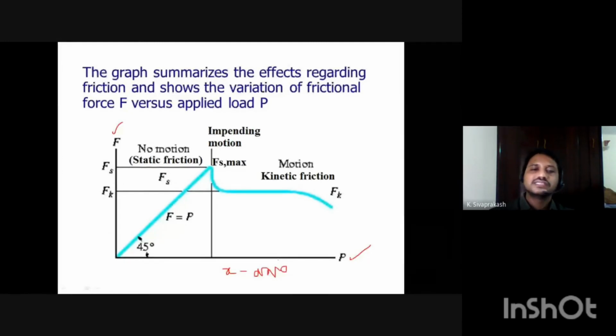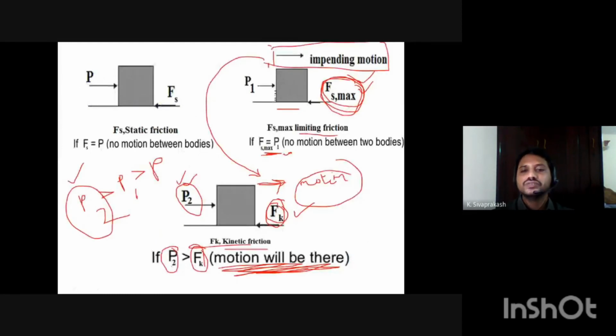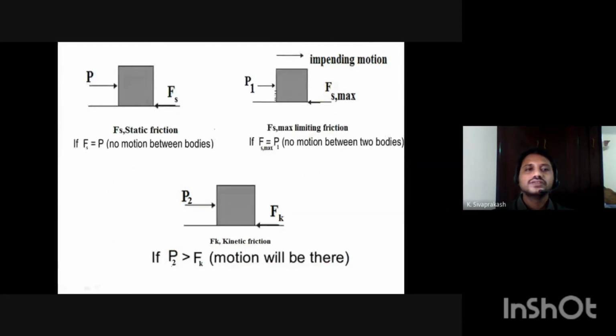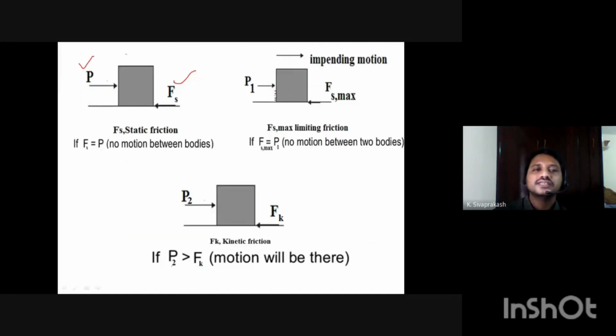Now, let us see the first experiment. You are applying the force P, and the frictional force developed is Fs. In the starting, when you take the values of the force and the frictional force, you will get the same value. Why? Because in the static condition there is no motion, so it is under balanced condition.